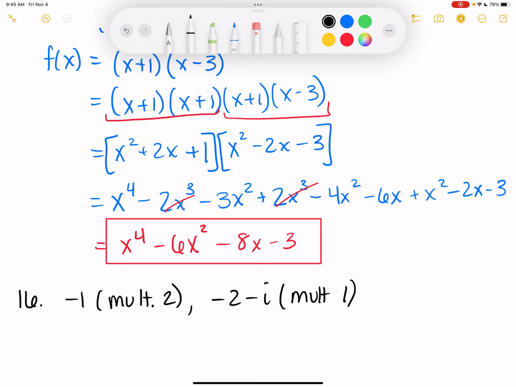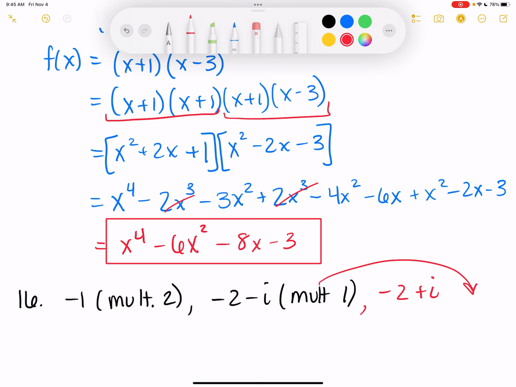Now, if these are the zeros, what do I need to have? Negative 2 plus i also needs to be a zero, and it's going to still just be multiplicity 1, just like that one.